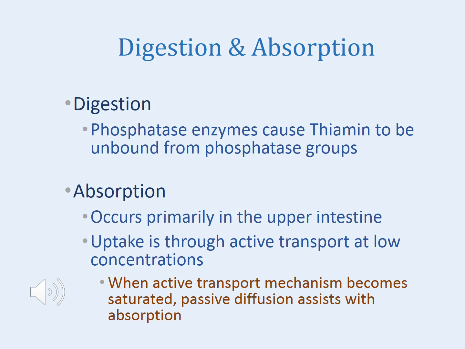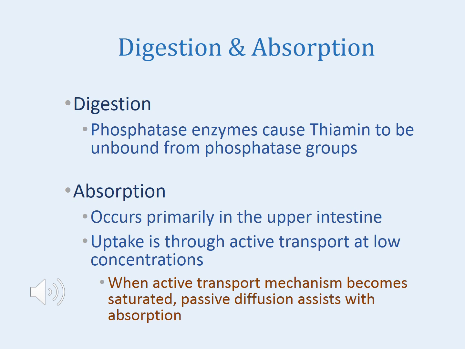So in the small intestine, phosphate groups are unbound from thiamine by phosphatase enzymes. Absorption occurs primarily in the duodenum via active transport, which is a sodium-dependent ATPase mechanism in the case of thiamine. Active transport will work up to saturation level, and thereafter passive transport occurs. However, this is actually ineffective, and any remaining thiamine is excreted in the urine.